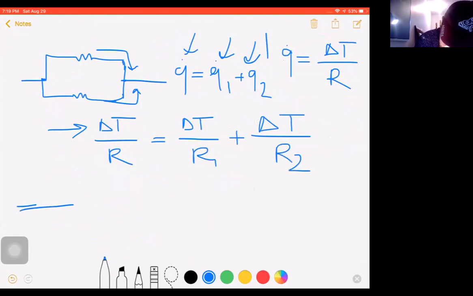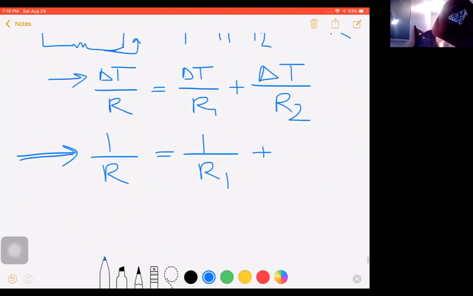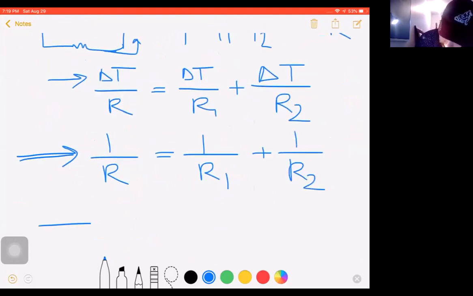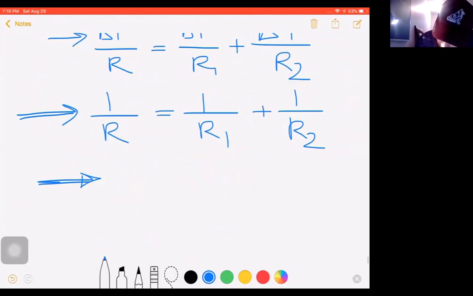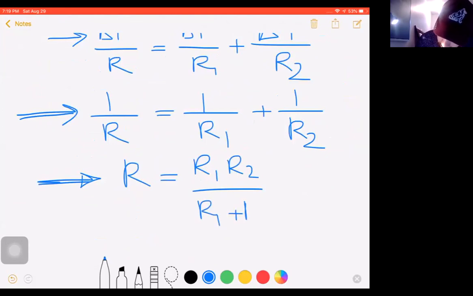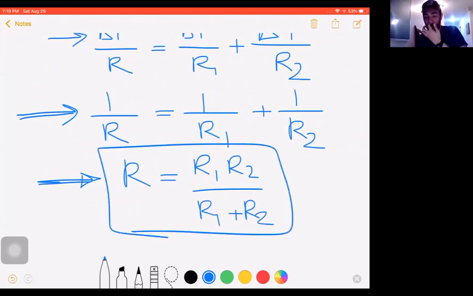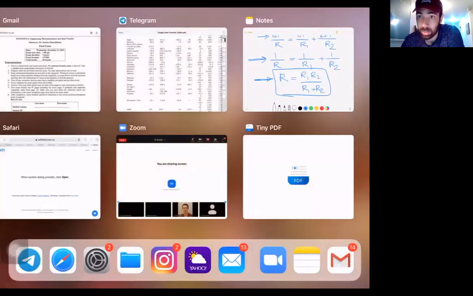That will give us 1 over equivalent R equals 1 over first R plus 1 over second R, and if you solve this, you will get R1 times R2 over R1 plus R2. So I hope this will not be embedded inside your final exam on Tuesday, but it was good to know, because you may be surprised sometimes at exams.